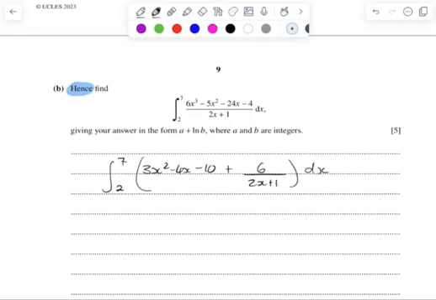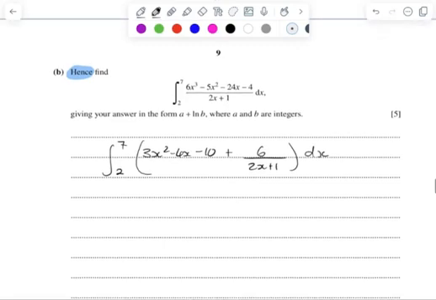So this is how I'm going to set up my integral for now, because here I can integrate each of these terms. Here I'm going to be using my ln, and that's great because I actually need a ln in my answer. I can't integrate this big fraction unless I break it up, and that's why they wanted us to do that in part A of the question.